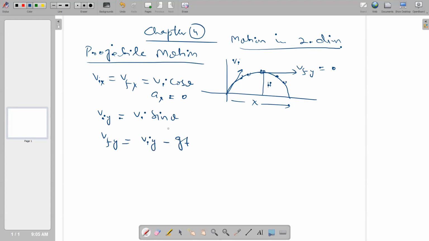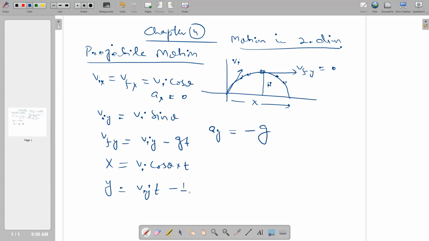So Viy is Vi sin theta, and ay is equal to minus g. Then we used x is equal to Vi cos theta times t, and y is equal to Viy times t minus 1/2 gt squared. So this is actually delta y.